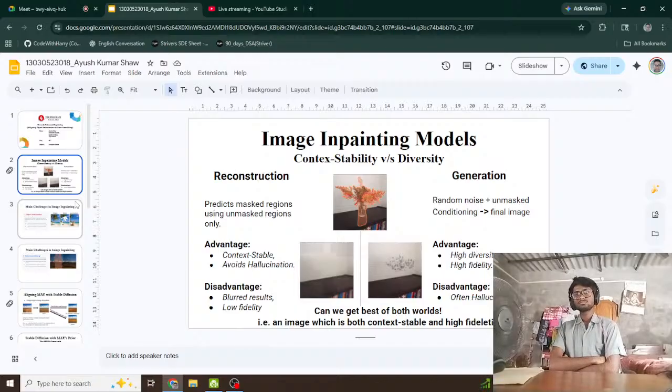Yes, sir. Let me walk you through how our model works step by step. First of all, we start with an input image, pass it through an encoder to extract features, process it at multiple scales, and then reconstruct a clean image using a decoder. Basically, we use a U-Net structure for encoding and decoding the image. The encoder extracts features, the bottleneck understands the image deeply, and the decoder reconstructs the image.